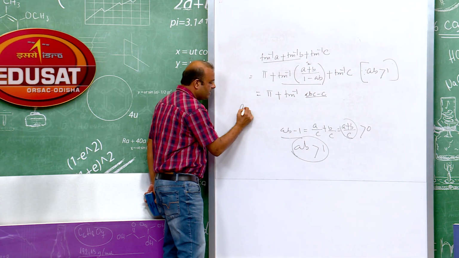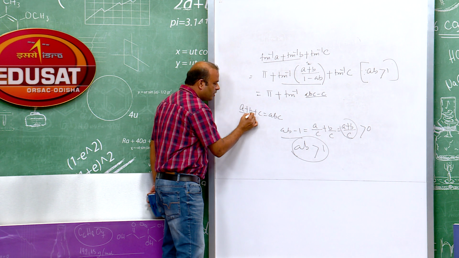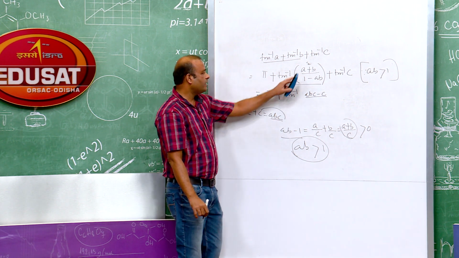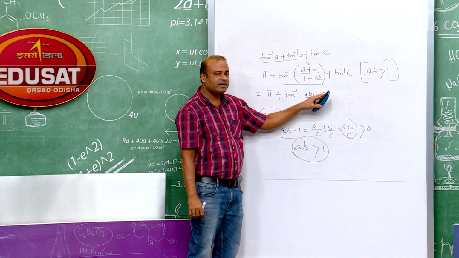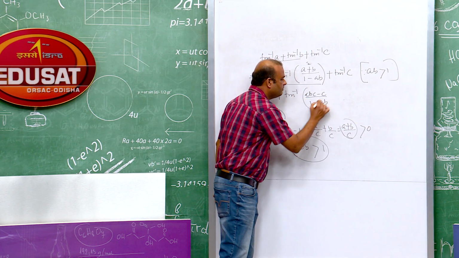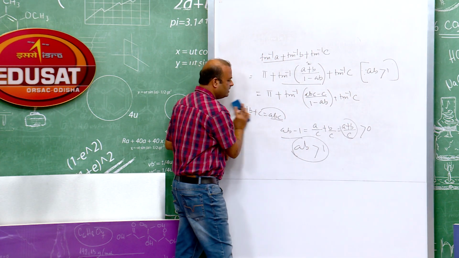It is given that A plus B plus C is equal to ABC. So A plus B is equal to ABC minus C. So for A plus B, write (ABC minus C) divided by (1 minus AB), plus tan inverse C, right?